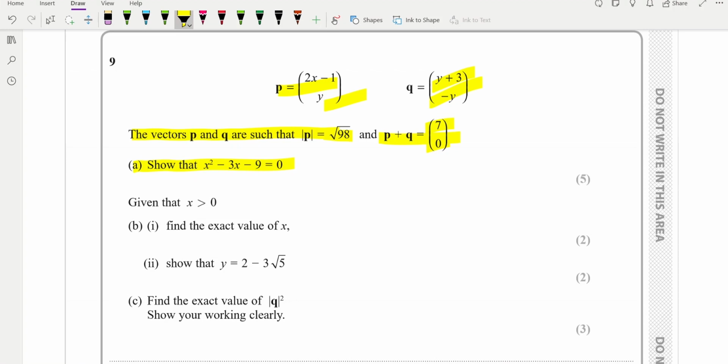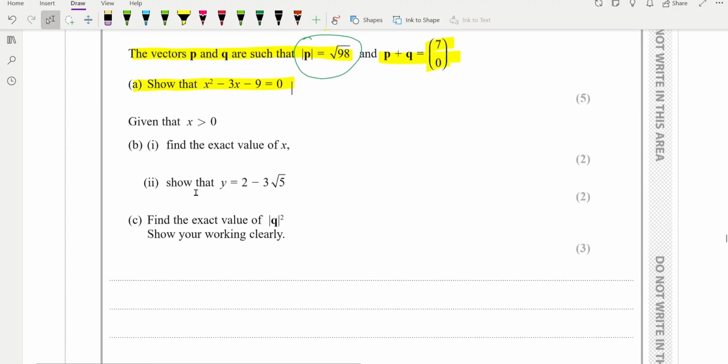So the given thing is very important, which is this one, mod P is equal to root 98. So for a part, we will be using this one, mod P we are given, mod P is equal to root 98.